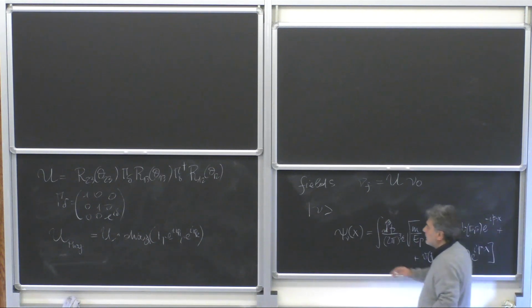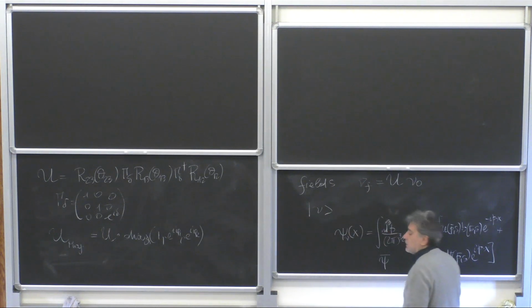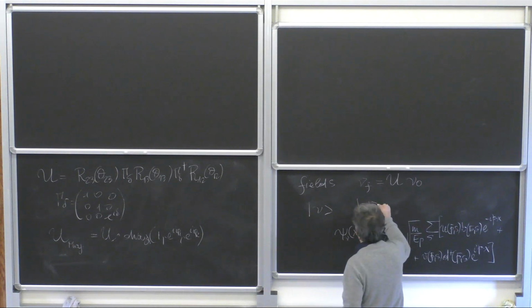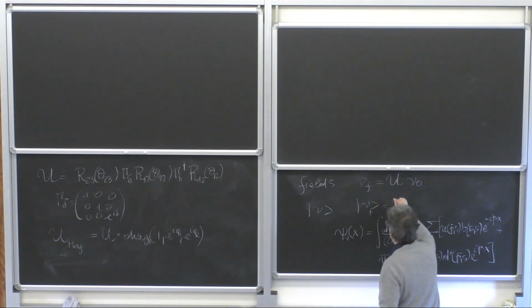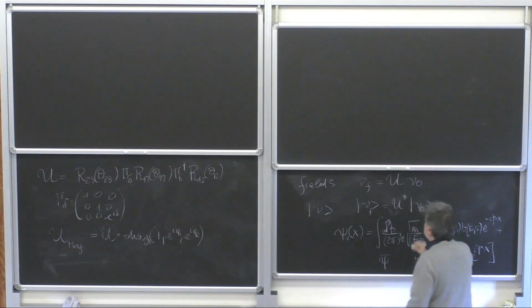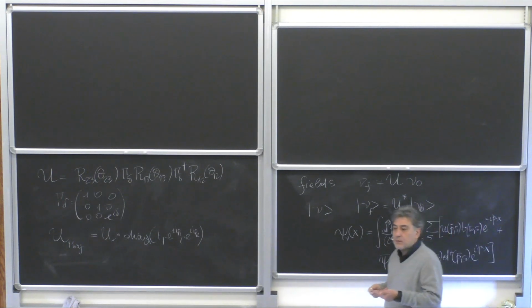So if you want a neutrino state, you have to use psi bar. And so the relation between flavor eigenstates and mass eigenstates is through the complex conjugate.